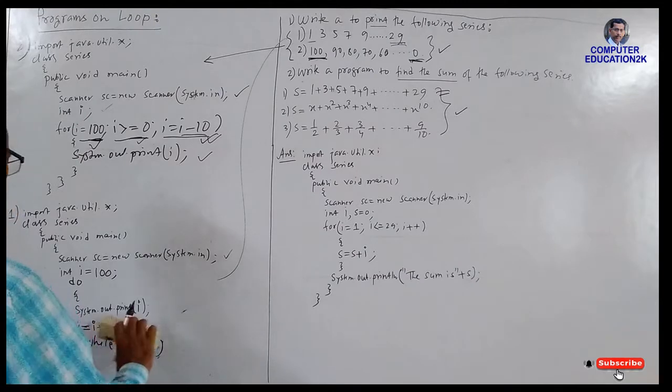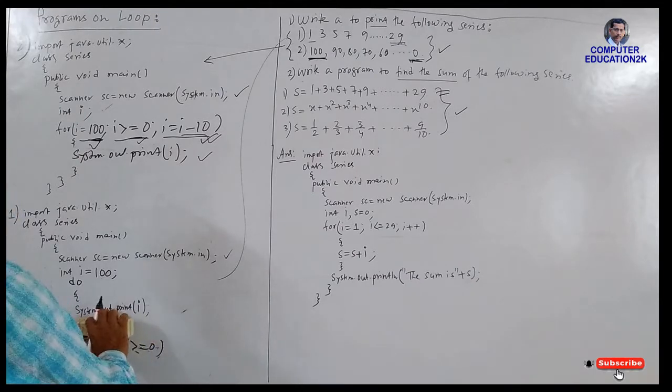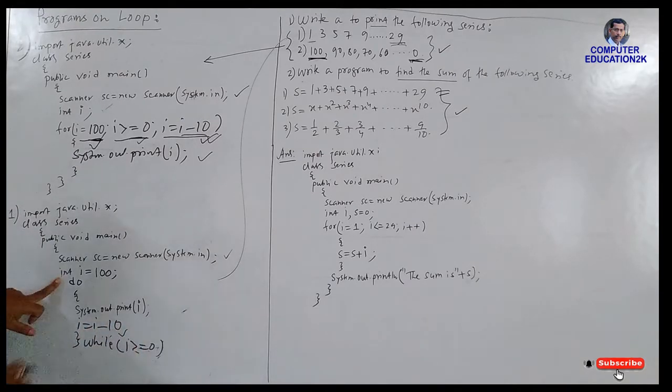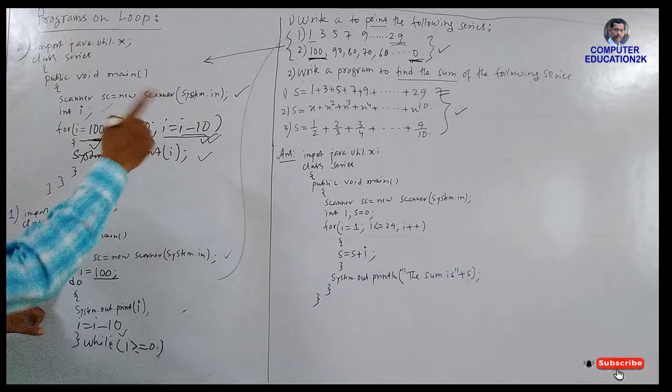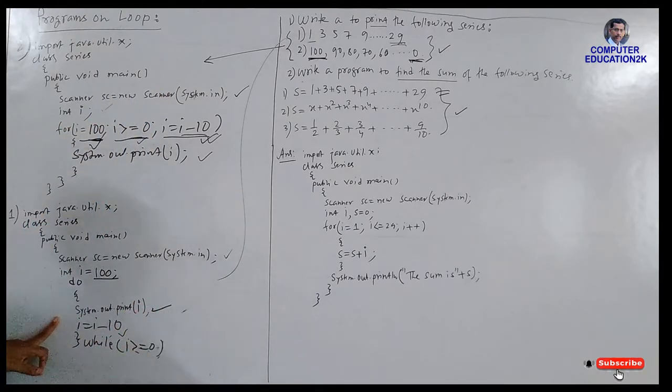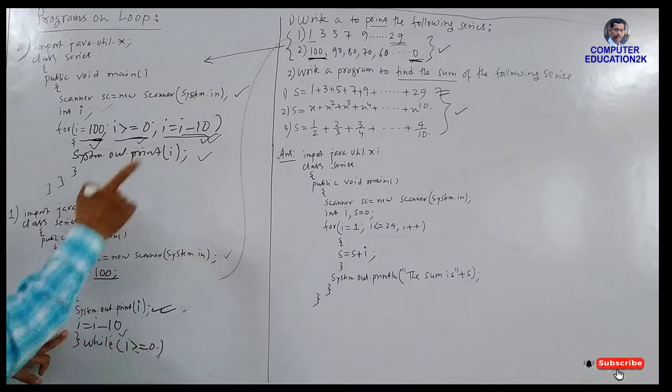And the updation will be I equals to I minus 10. So the starting value is 100. Then I am printing. In a do while loop, first you print, then you check the condition. And the value of I will decrease by 10.